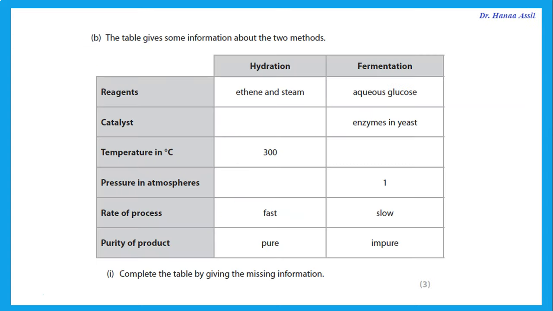The table gives some information about the two methods. So we're comparing here hydration of ethene with fermentation of glucose. What is the catalyst in hydration of ethene? Remember, hydration of ethene means I'm going to add steam in presence of what? Concentrated phosphoric acid, 300 degrees Celsius. What is the temperature in fermentation?